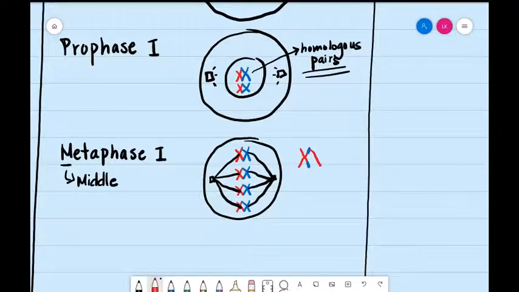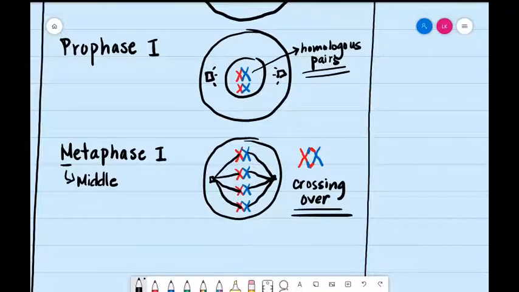It actually does a trade-off. And the same thing would happen for this one. A little bit of the red goes there. They do a little swapperooski. Now that is called crossing over.